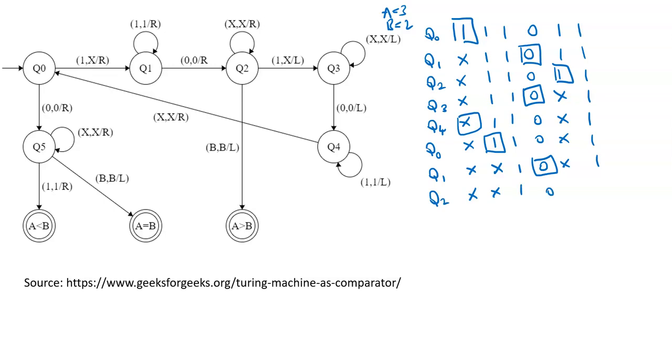Cross 1, 0, cross. When we're in state 2, if there's a cross, we move to the right again. And now we've got that 1, we're going to turn the 1 into a cross, move to the left, and transition to state 3.